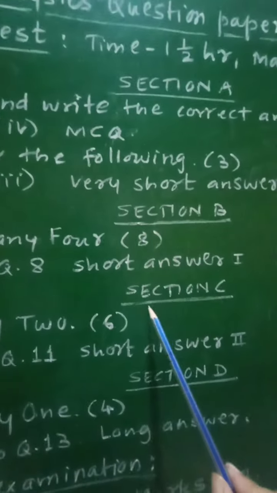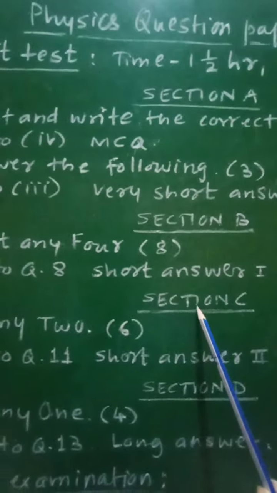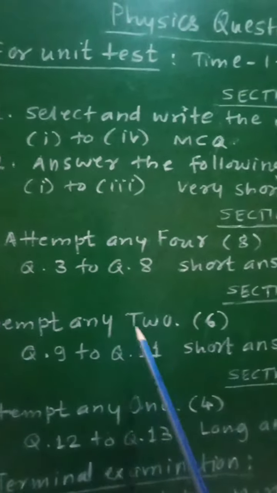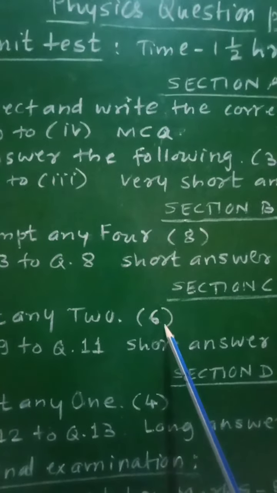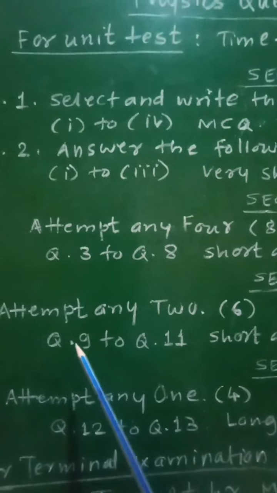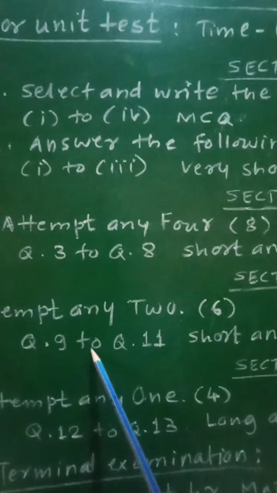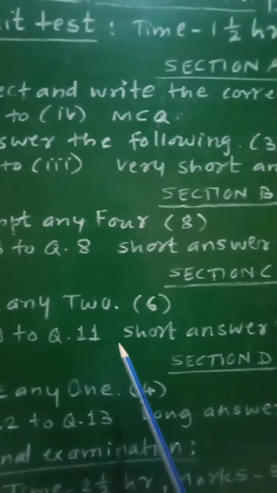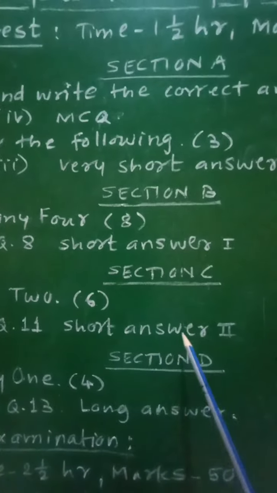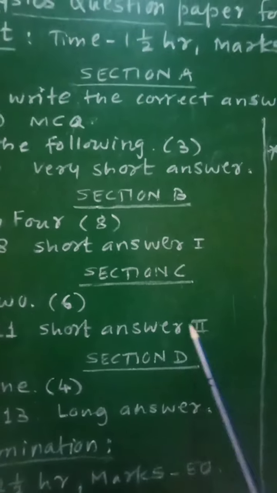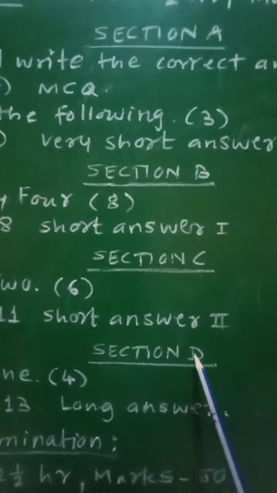Then section C. Section C will be attempt any 2. It will carry 6 marks and it will include question number 9 to question number 11, which will be short answer type 2. Then section D will be there.